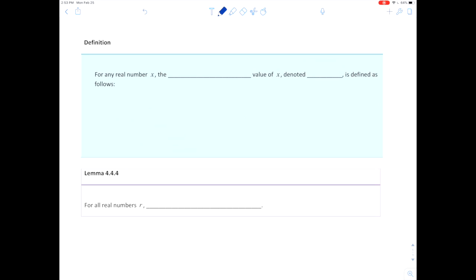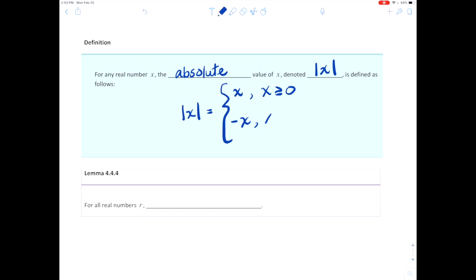Now we move on to the definition for absolute value. So we have, for any real number x, the absolute value of x denoted, you got the bars there around x. So absolute x is a piecewise function, and it equals x for x greater than or equal to 0, and the opposite of x for x less than 0.